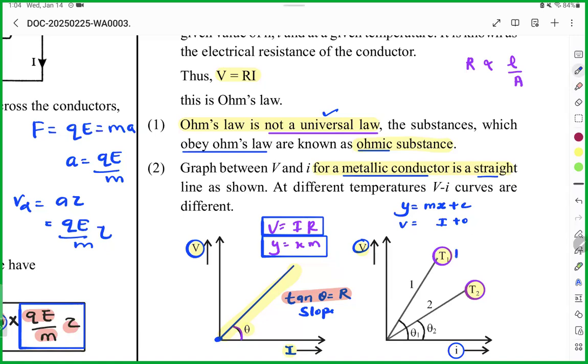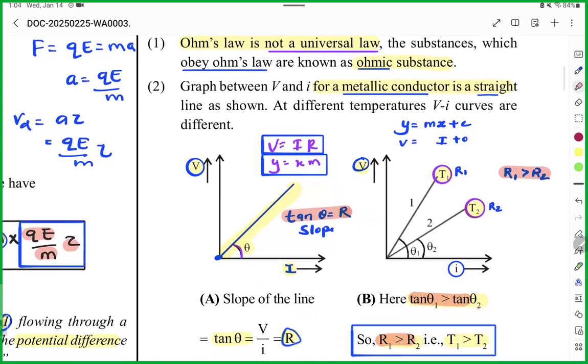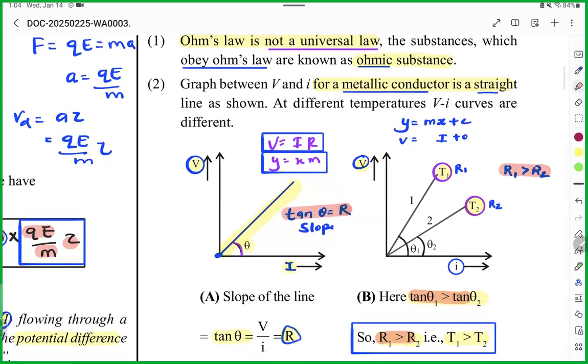Here, if you take R1 resistance and this you take R2 resistance, then R1 will be greater than R2. Why? Slope is more, and slope is giving you R value. Got it?